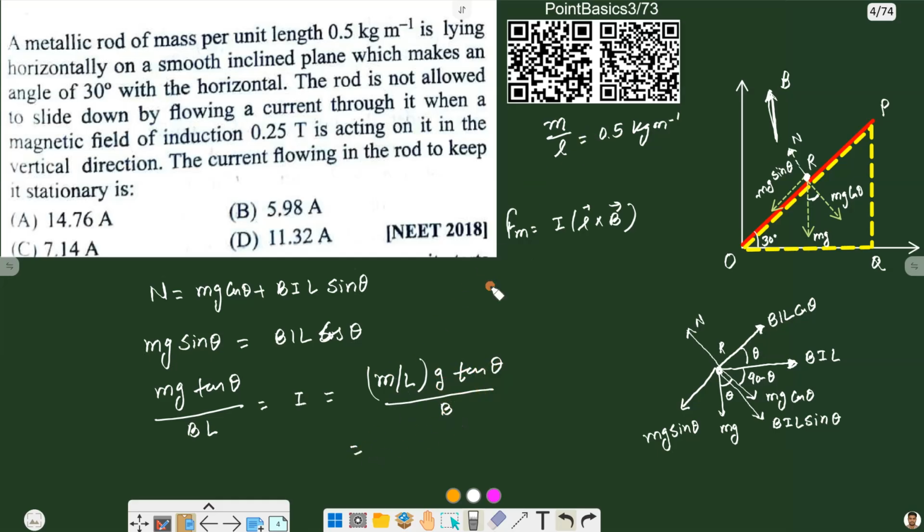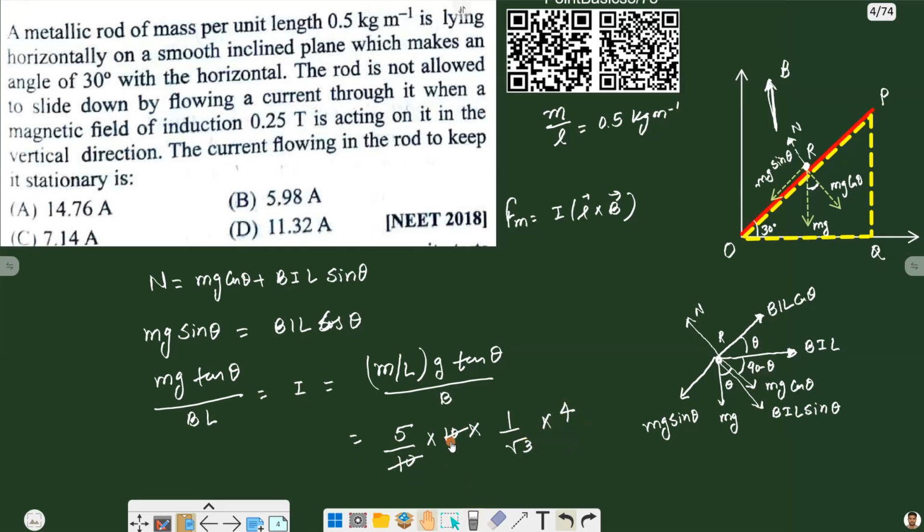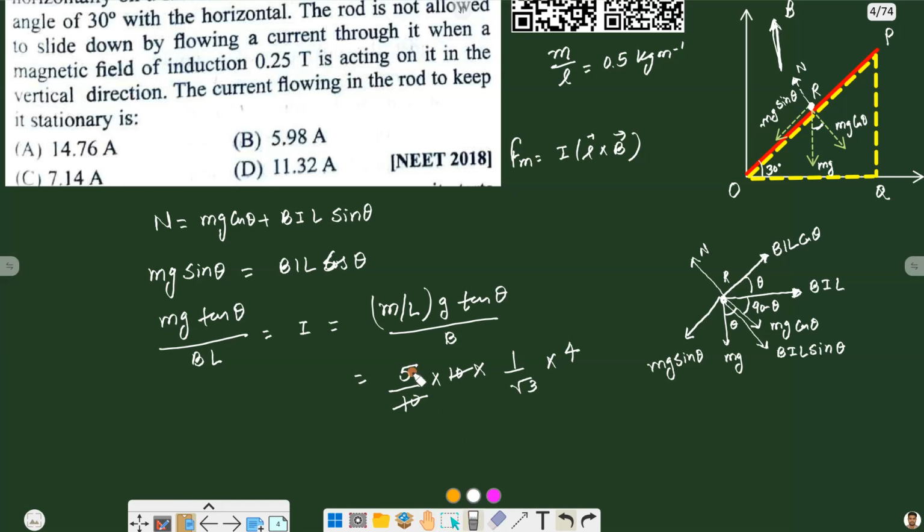Mass per unit length is 0.5 or 5 by 10, into gravity, that is 10, tan 30, that is 1 by root 3, and magnetic field, that is 0.25 or 25 by 100, or means 1 by 4. So this whole expression will reduce to 20 by 5 into 4, 20 by 1.73.